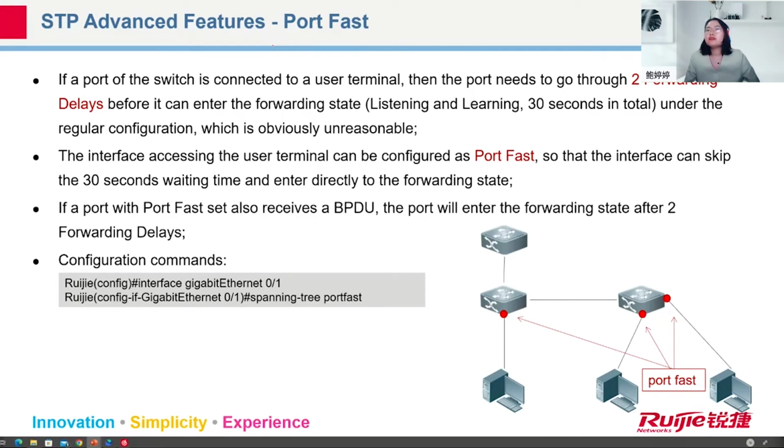Because in our network, some interfaces are special. Why do we need to make this interface wait a long time, right? We wait 15 seconds to let the interface go from listening to learning, and also continue waiting 15 seconds to let it go from learning to forwarding. Why do we need to wait so long?